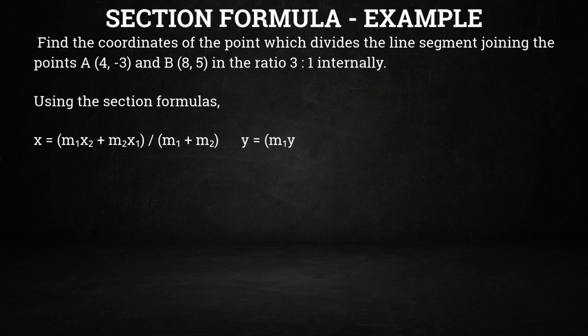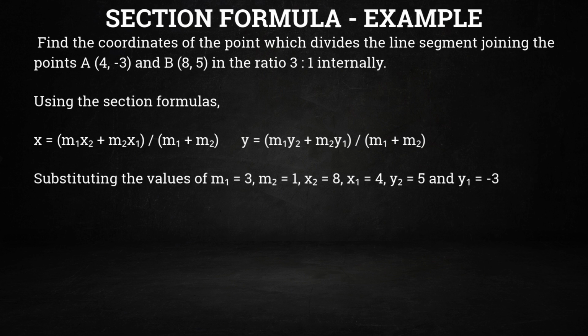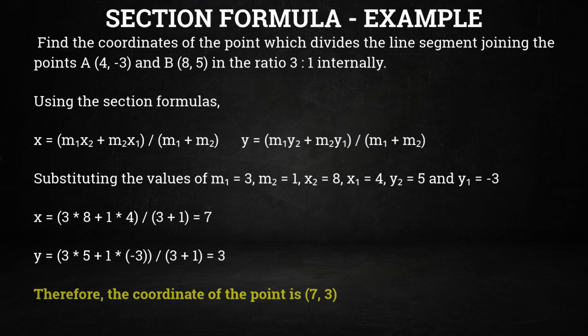Y is equal to m1 into y2 plus m2 into y1 divided by m1 plus m2. Substituting the values of m1 is equal to 3, m2 is equal to 1, x2 is equal to 8, x1 is equal to 4, y2 is equal to 5, and y1 is equal to -3, we find that the point P is (7, 3).